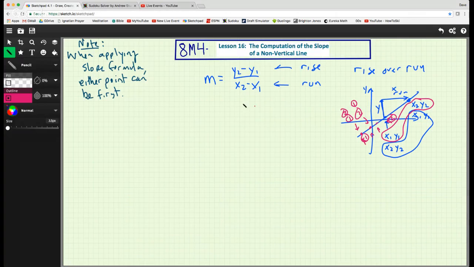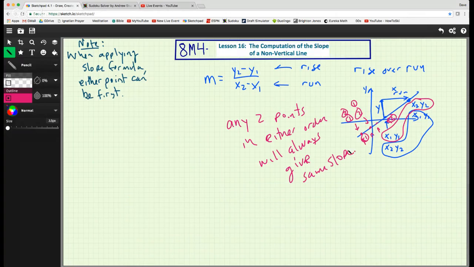You'll always, always, always, any 2 points in either order will always give the same slope. Okay, let's see how this works.